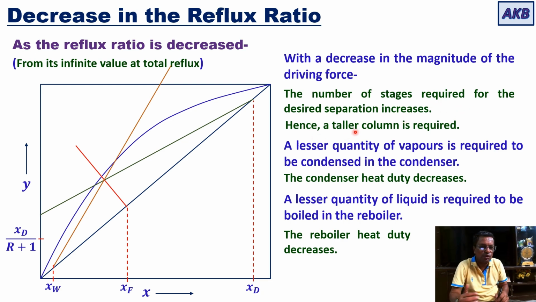Therefore, a taller column is required. Then, since a lesser quantity of vapor is required to be condensed, the condenser heat duty decreases. Similarly, a lesser quantity of liquid is required to be boiled, so the reboiler duty also decreases.